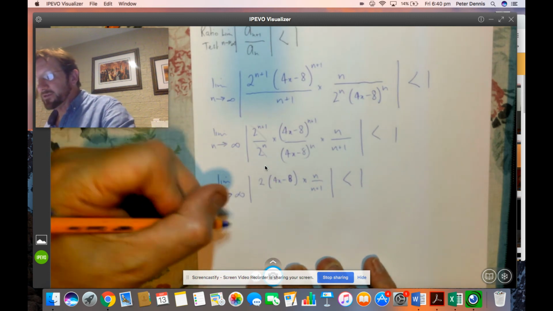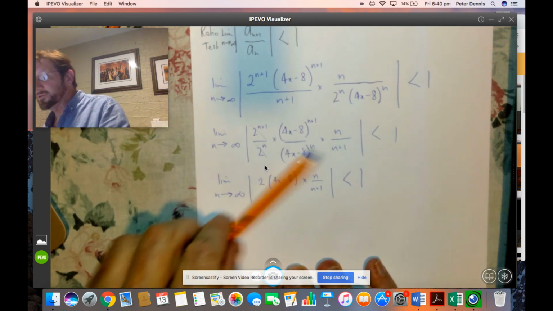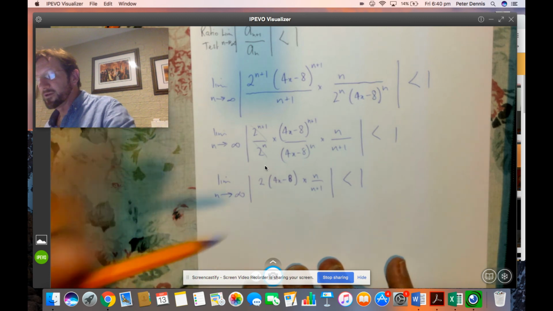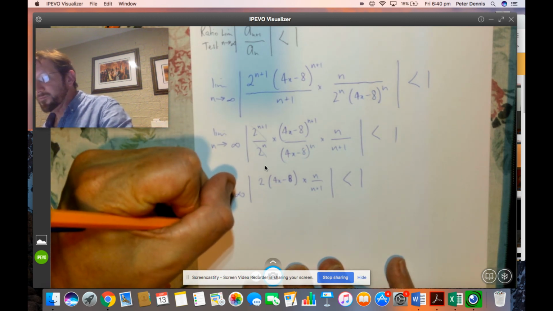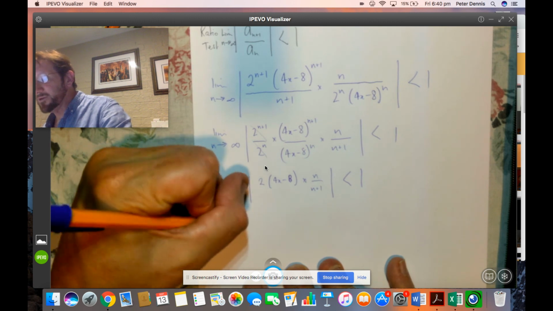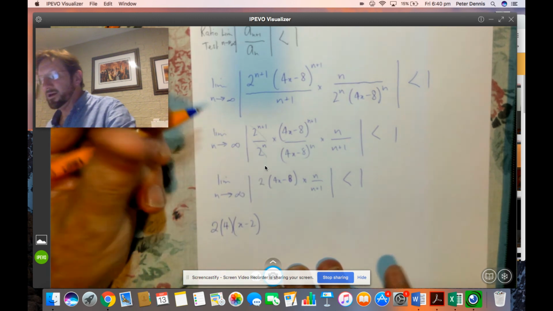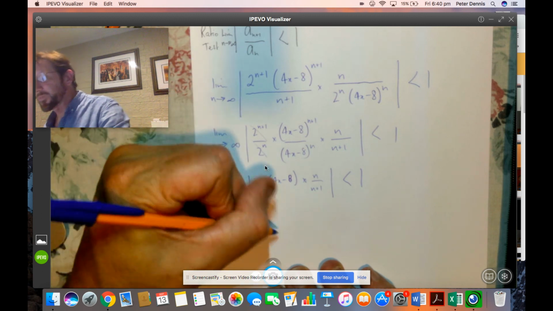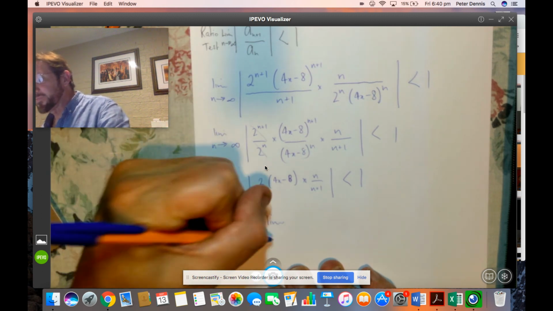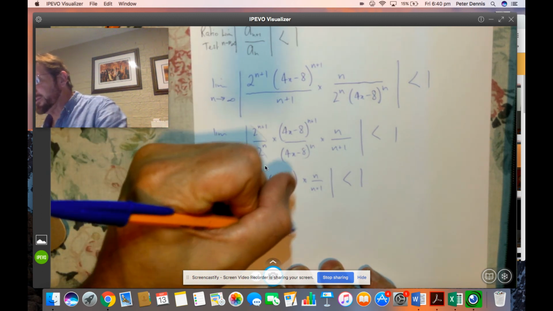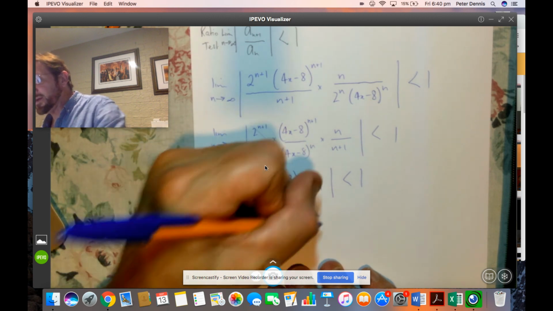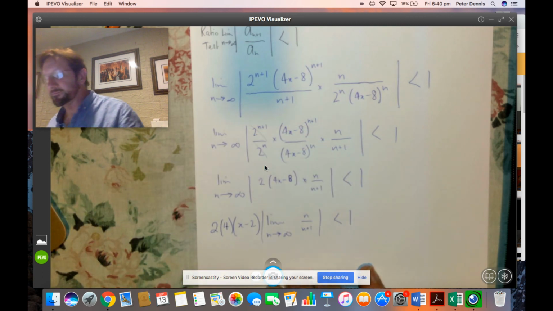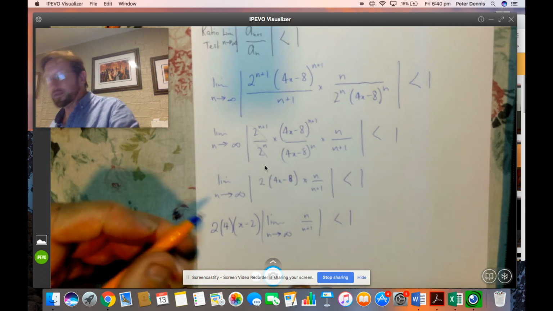So we can take this out because it's got nothing to do with n. So we've got 1/2 outside, 4 outside of x minus 2, really, just to tidy that up a bit, times the limit as n tends to infinity of n over n plus 1. And we want that to be less than 1. So what does that give us?